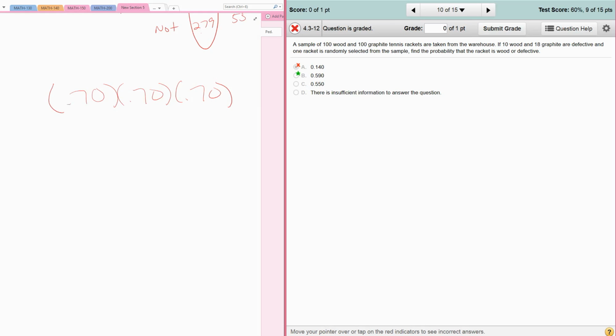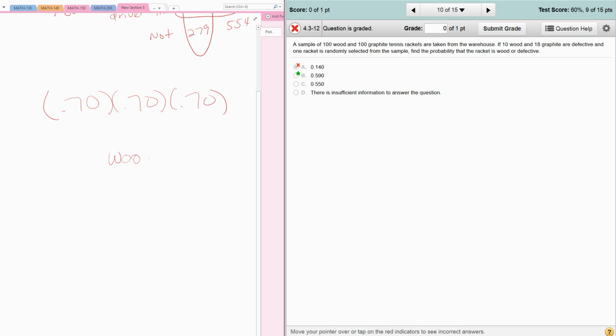So we have wood or graphite rackets, and they're either good or defective.